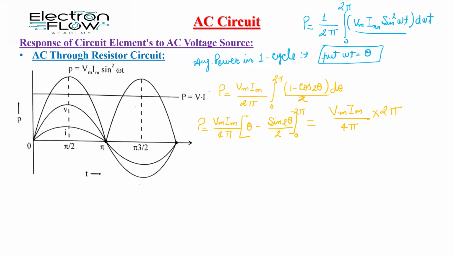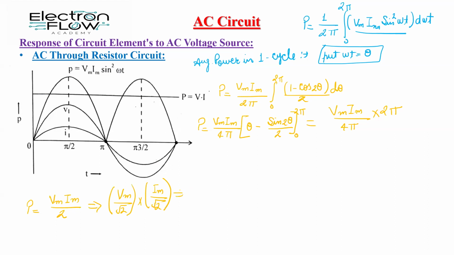Okay, so further if I solve this equation, I will get the value of the power, or I can write this equation like Vm by root 2 multiplied by Im by root 2.